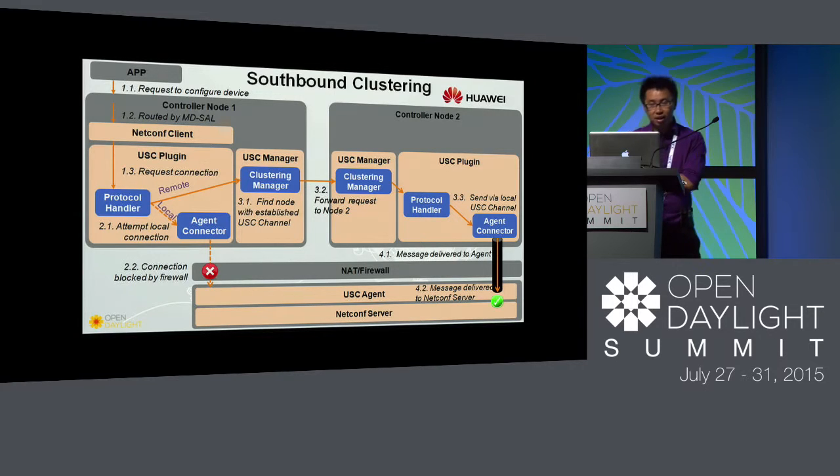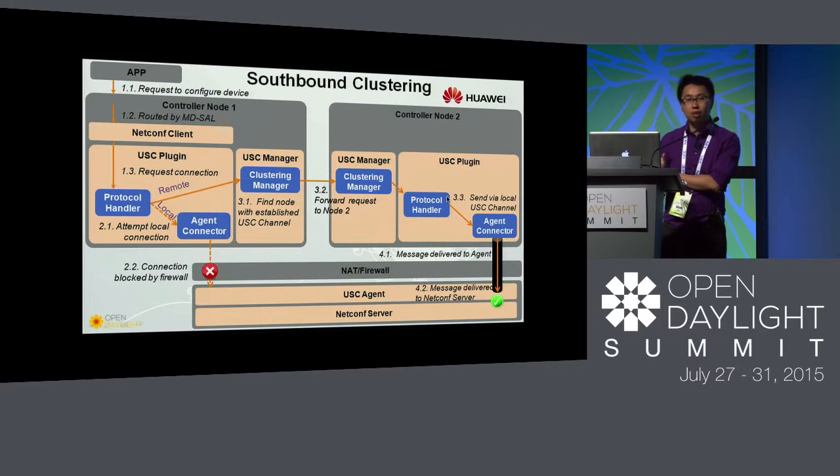What you don't want is node 1 to initiate yet another connection to the device. What you really want to do is reuse the existing connection. So what USC does is it comes in and it routes that message from node 1 to node 2.